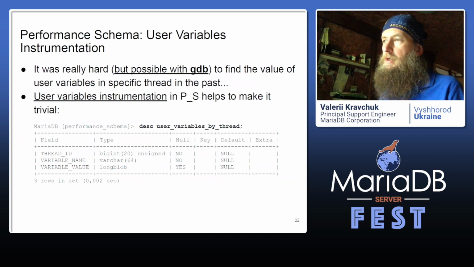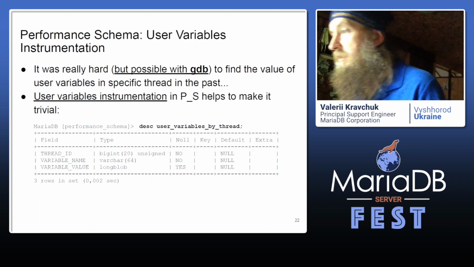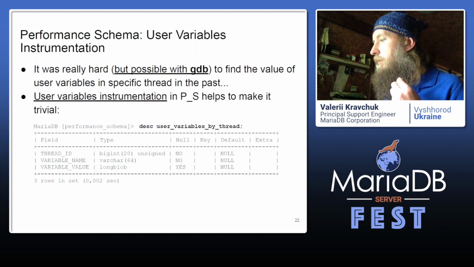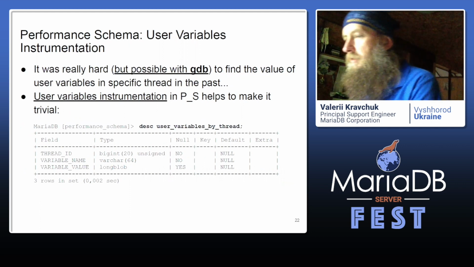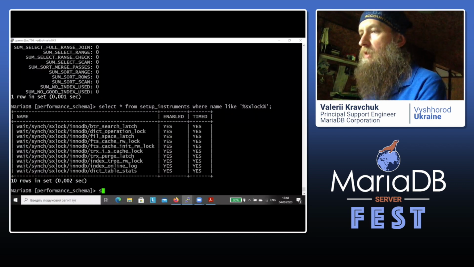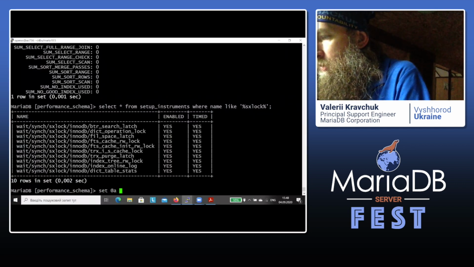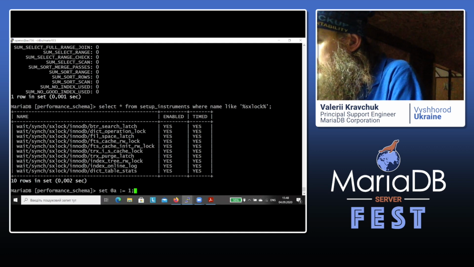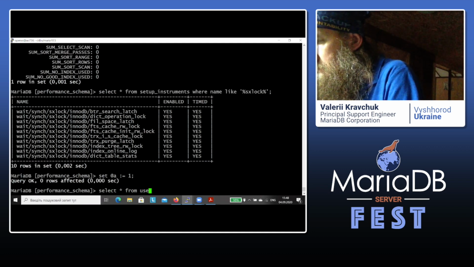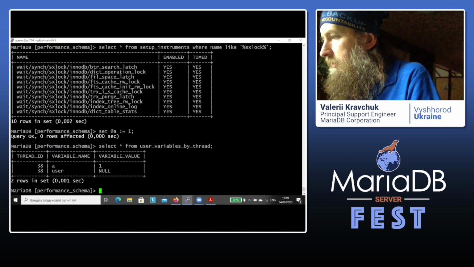The last but not the least is user variables. So there is a single table, user variables by thread, and you can see which user variables are defined in each thread and what is the value. It's easy. Let's just define a user variable and then select from user variables by thread.